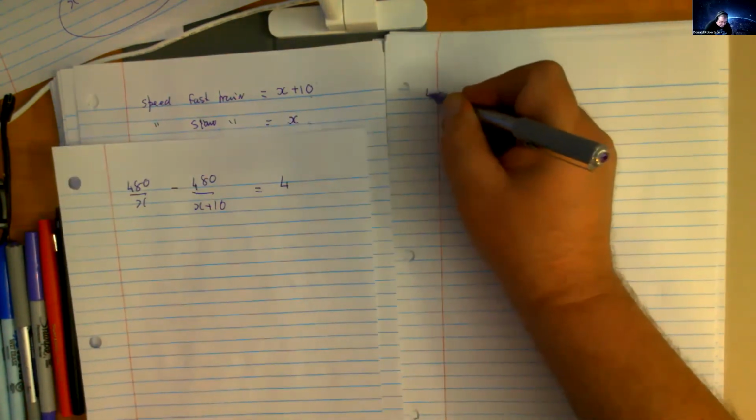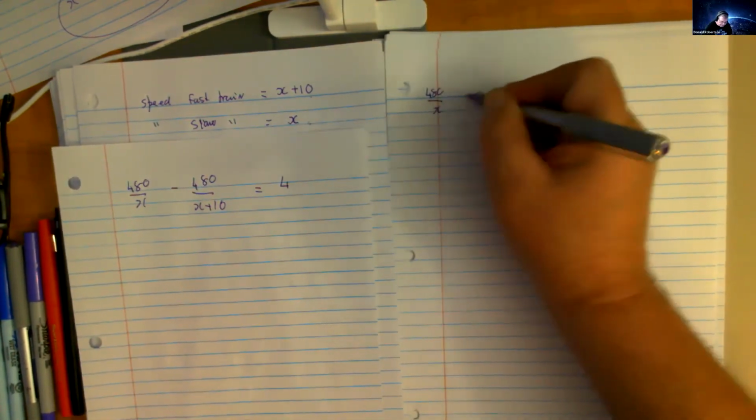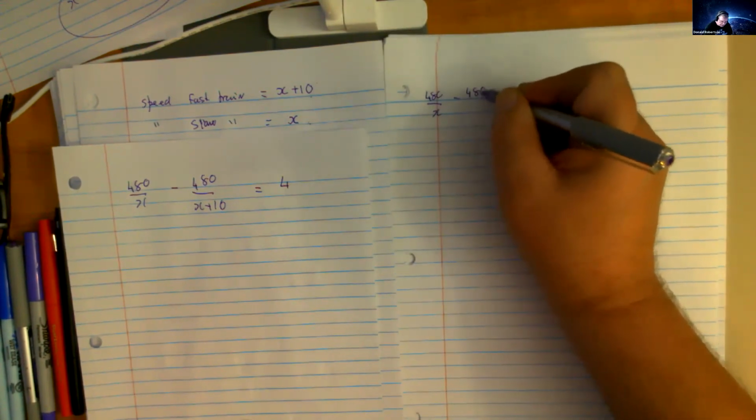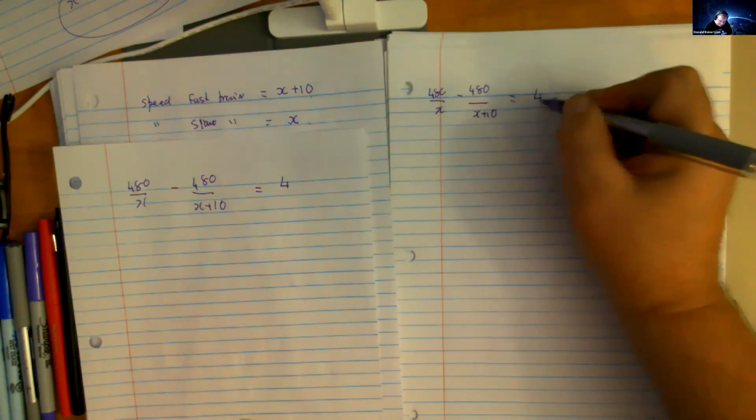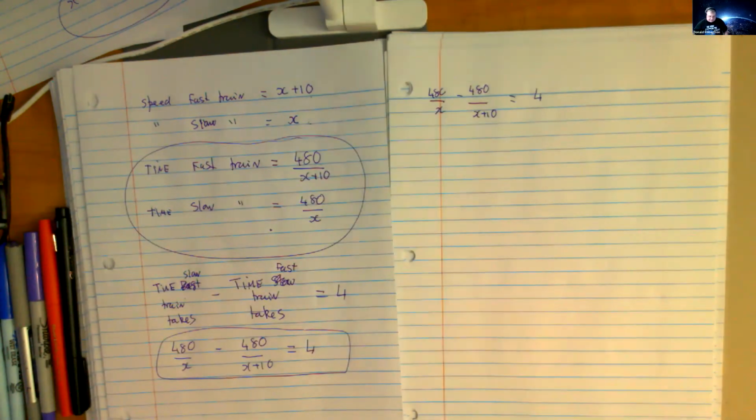You don't need to do this, but I do. I need more room. So I'm going to move it over just a touch. God, that's an ugly looking equation, isn't it?